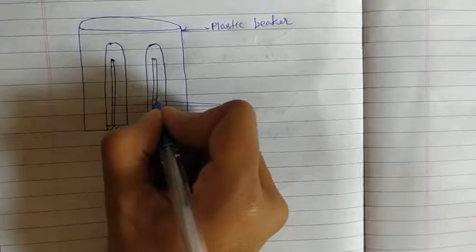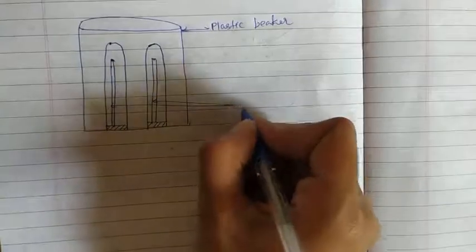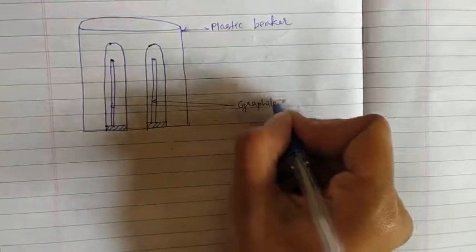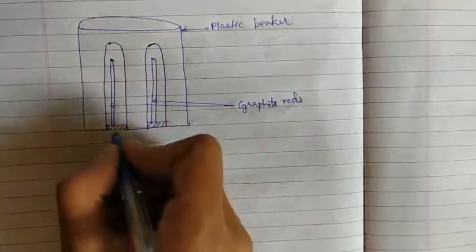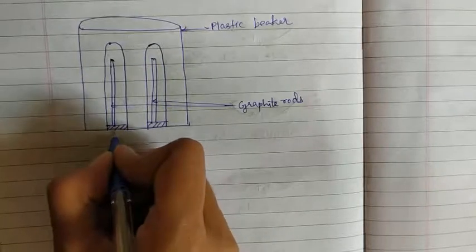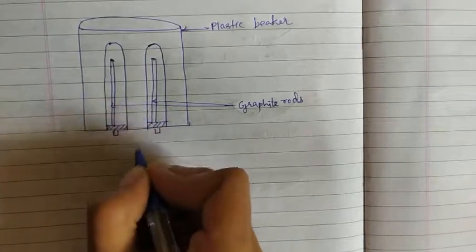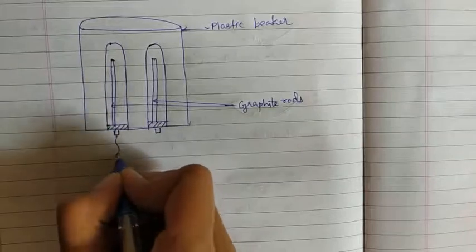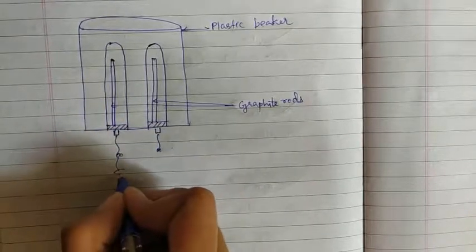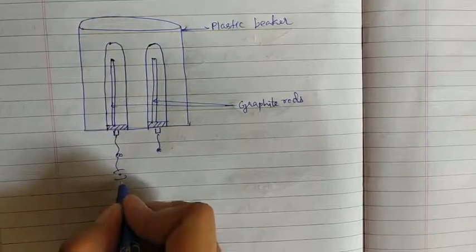These are graphite rods, and they are connected to the two terminals of the battery via a switch.